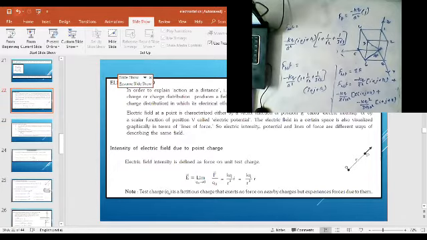Sir, why is it negative? Because we have taken the reference point from 0 comma 0 comma 0.